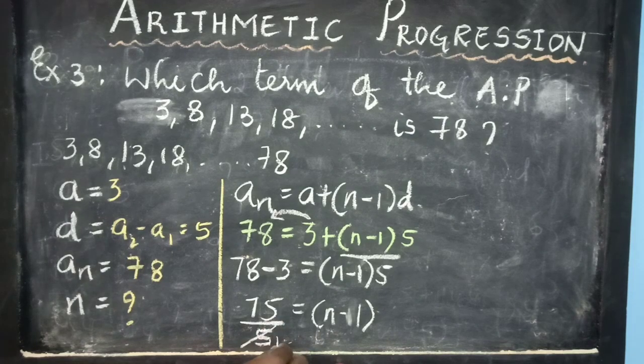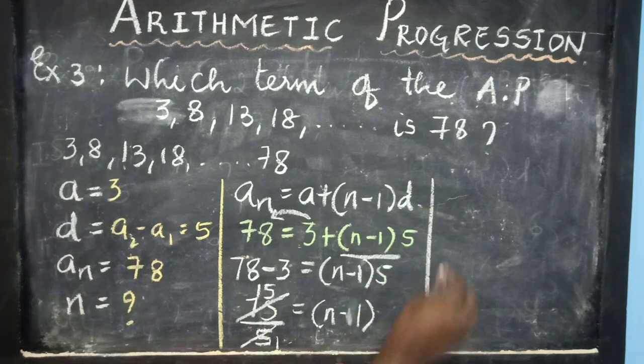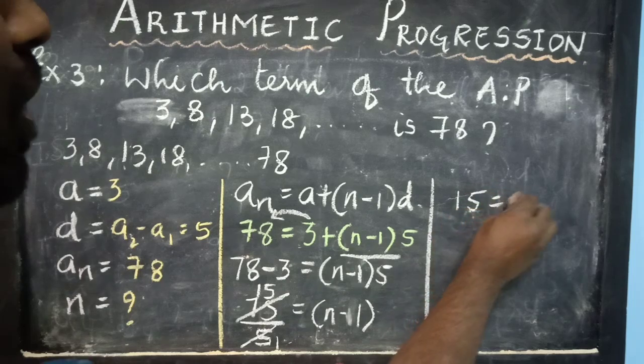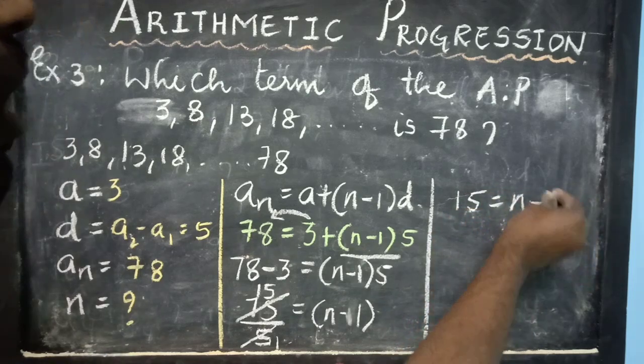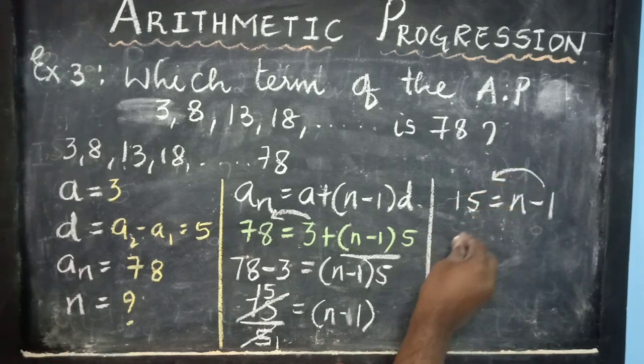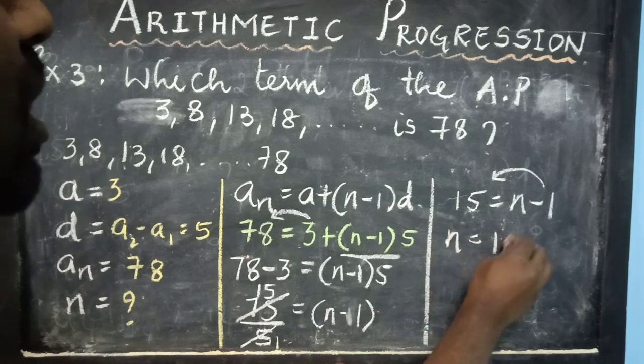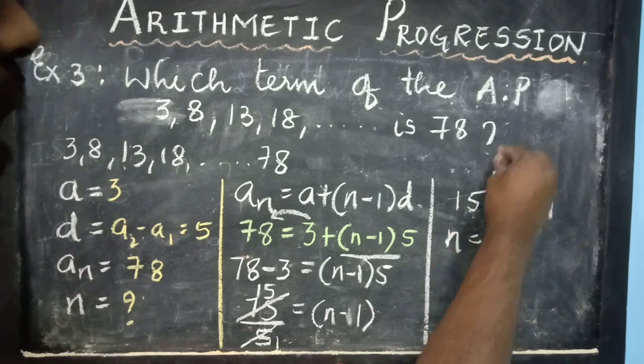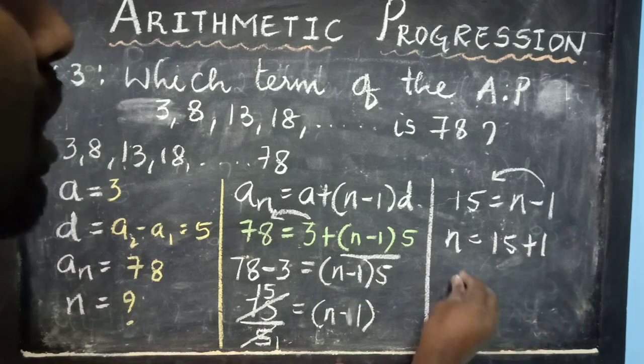Now 5 ones are 5, 5 15s are 75. Now what I got is 15 equals N minus 1. Now shift this minus 1 to LHS. You get N equals 15 minus 1, after shifting it becomes plus 1.